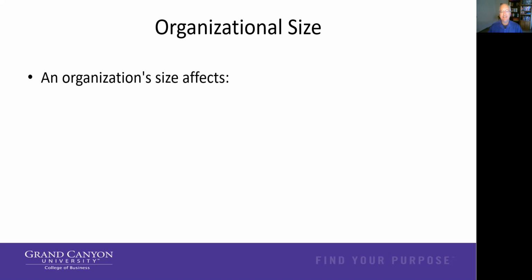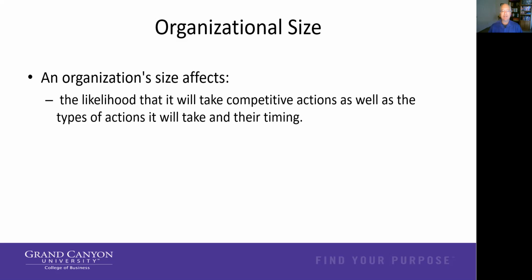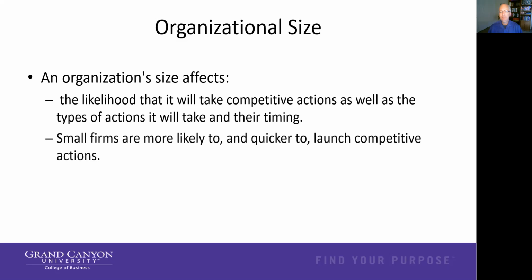An organization's size affects the likelihood that it will take competitive actions, as well as the types of actions it will take and their timing. Small firms are more likely to and quicker to launch competitive actions.